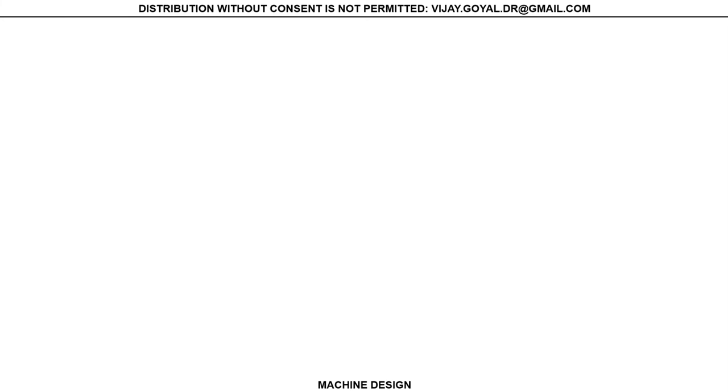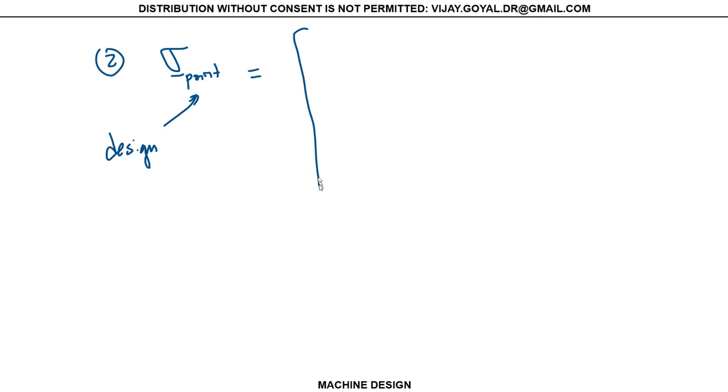From there on, the second thing you want to do in the problem is build your state of stress at the critical design point. Just remember that this will be KTA multiplied by sigma XX A plus KTB sigma XX B, and all the rest will be 0.